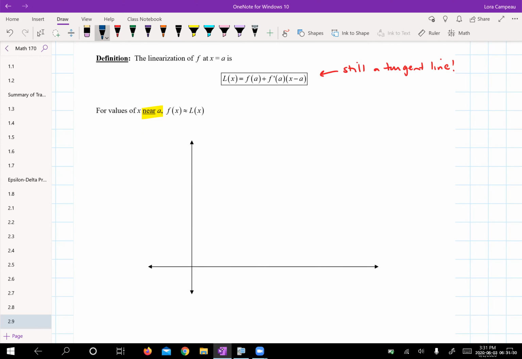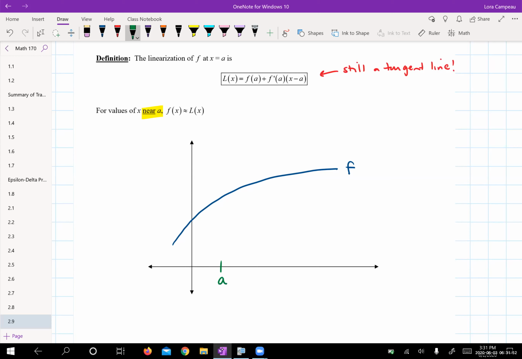So if we can try our best to draw a somewhat curvy function f. We're looking at a couple of things. We'll look at what's the equation of the tangent line, or the drawing of the tangent line. So I'll look at it maybe about here.